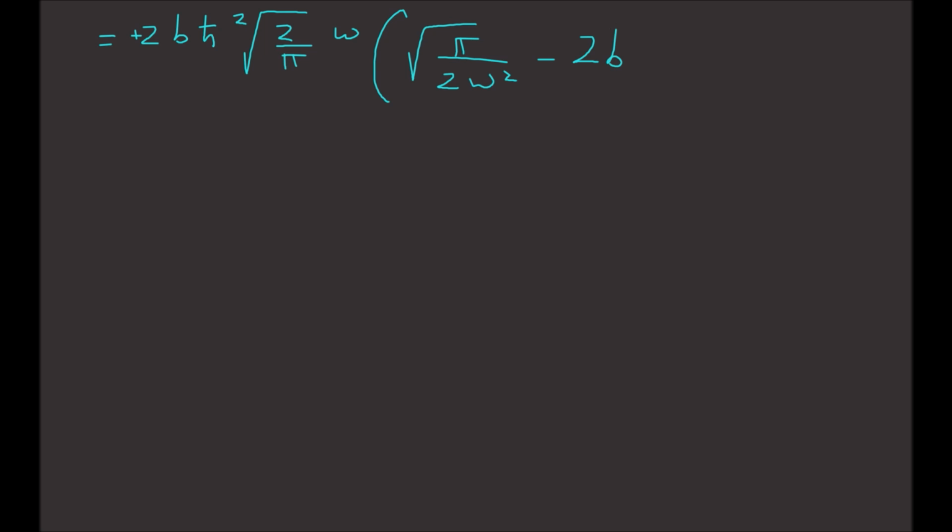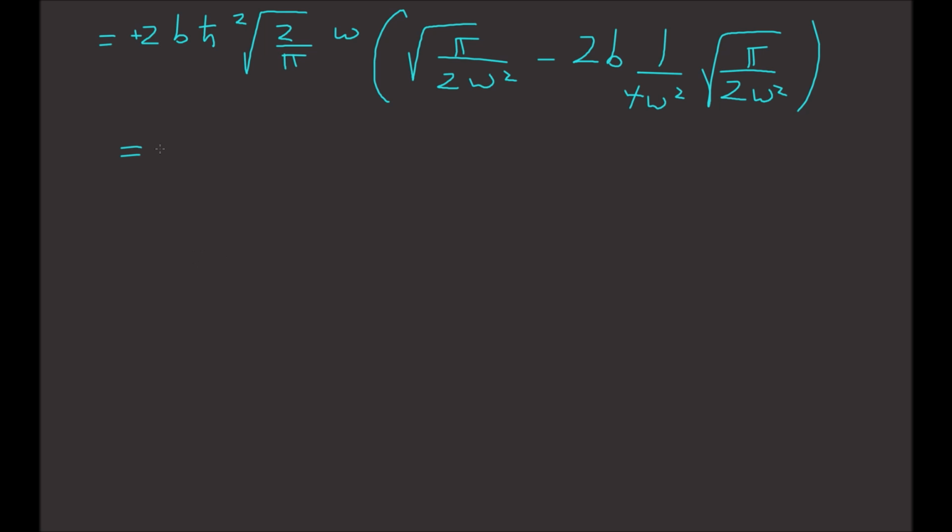So this is equal to, no, positive 2b h bar squared times the square root of 2 divided by pi times omega times square root of pi divided by 2 omega squared minus 2 times b times 1 divided by 4 omega squared times the square root of pi divided by 2 omega squared.